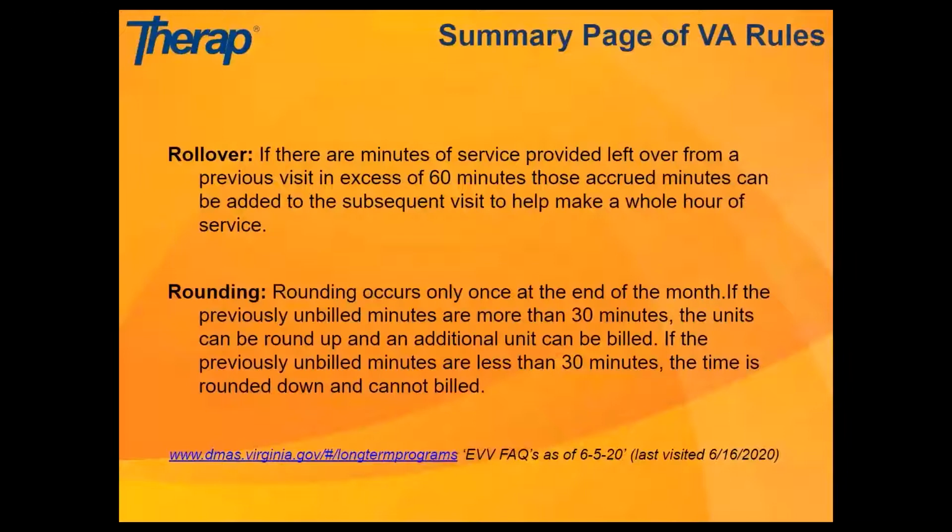There's also rounding, and we have clarified this. This is also listed in the EVV FAQs that you want to be aware of. For the rounding, you can only round once during a month period. So in our system, in order to make sure that we capture all of the billing data, we're going to generate billing data just once at the end of the month, so that we have all of that time, and all of those rollover minutes and that rounding can be applied appropriately.